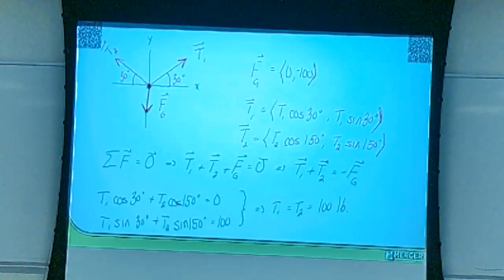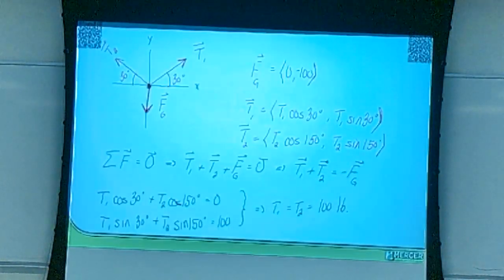Wouldn't you just be able to do them in the forces then, not worry about vectors? Oh, we are, but force is a vector. Force has a direction. Right, so what's the magnitude of T1? We don't know what it is.